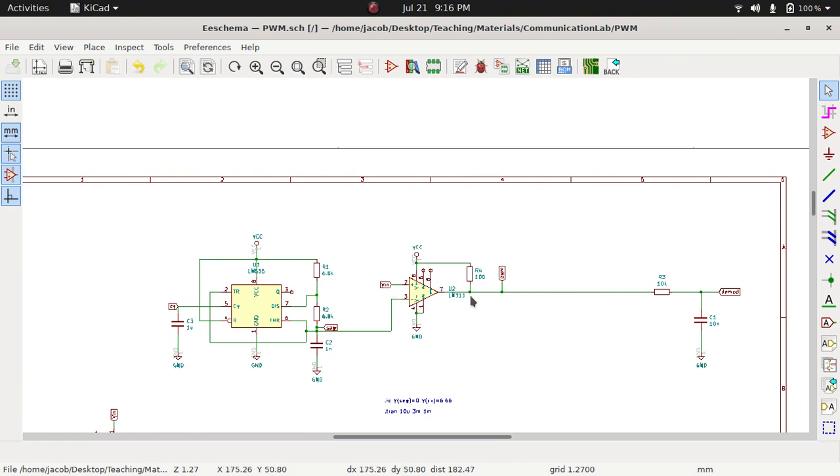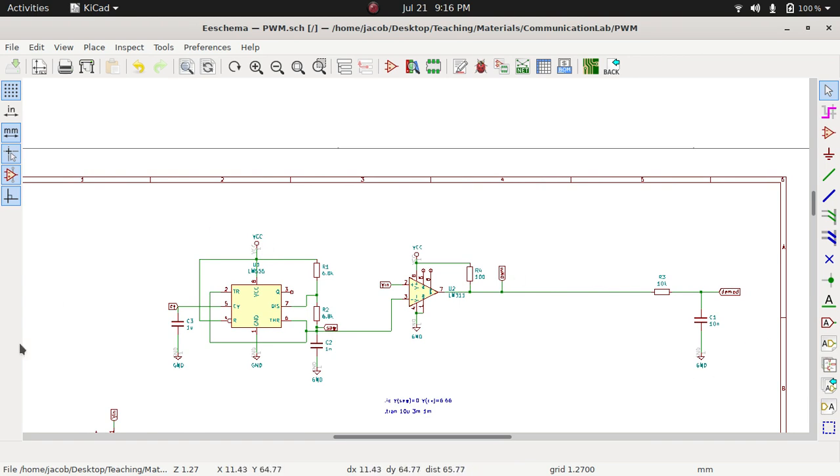The output of the comparator will be the PWM signal that we are interested in. This can be transmitted over long distance over a pulse only channel, and then as a demodulator I am using a very simple technique of an RC filter.